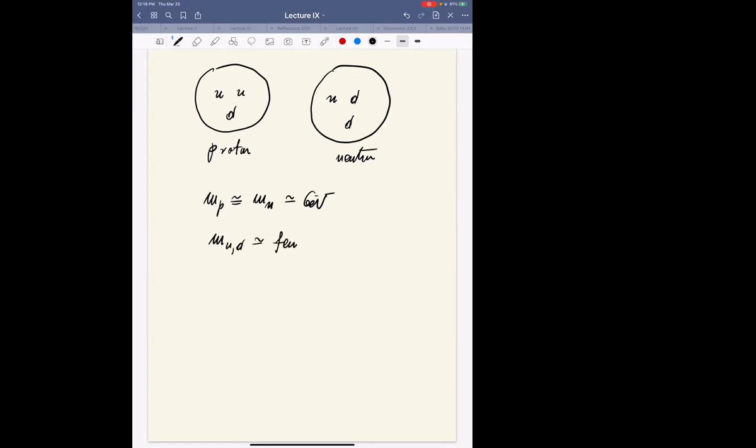It's a few MeV, which is so much smaller than m_proton, neutron, that I can basically take this to 0. Assuming that it's correct what I told you, that up and down quark mass is a few MeV, we'll talk about the masses, you're going to trust me now with this result.